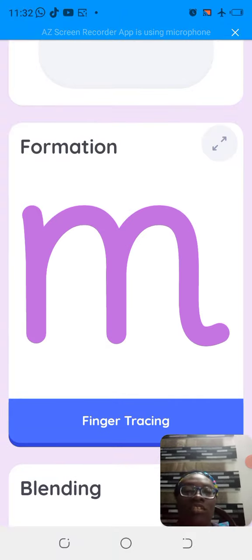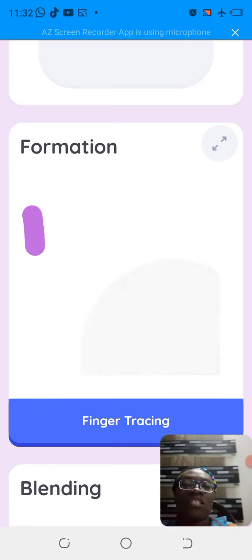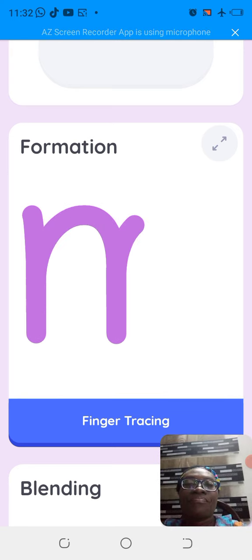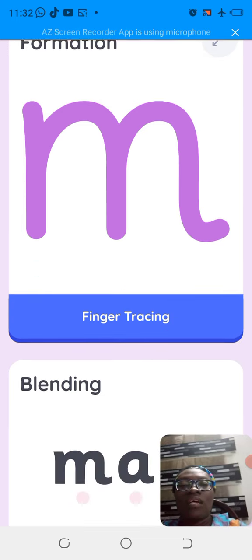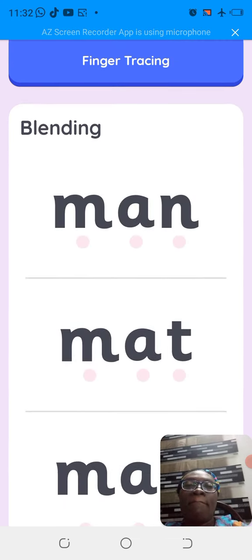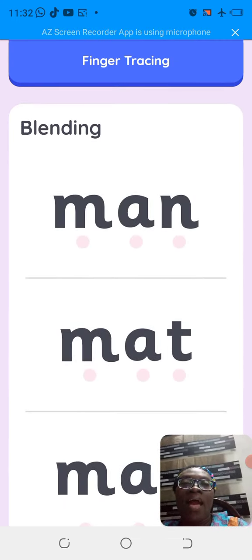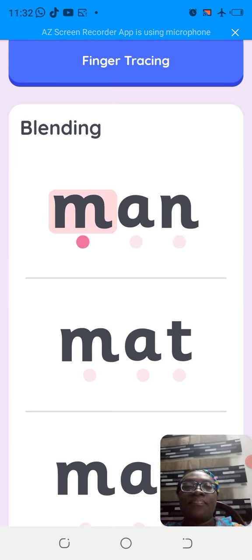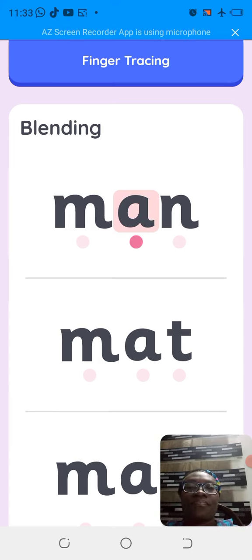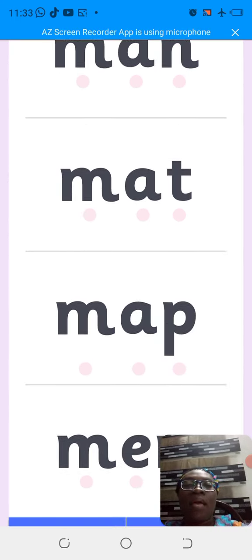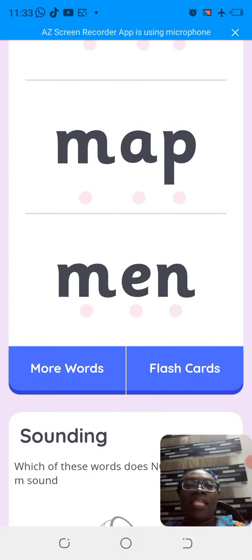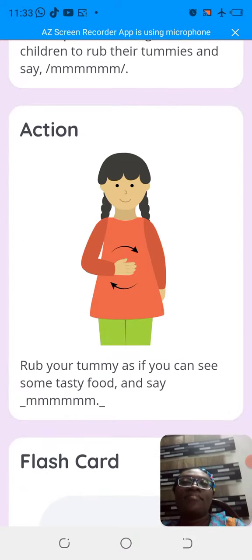Remember, the children need to learn how to form the letters correctly. Let's look at some examples. As in man. Mat, map, and man.